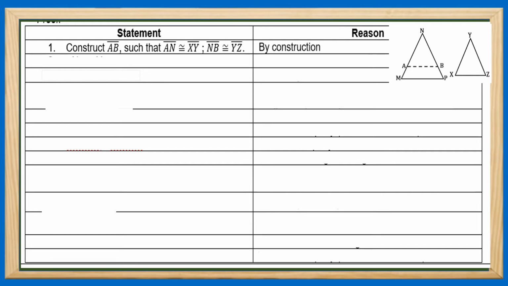That is by construction. So angle N is congruent to angle Y, that is indicated in our given. Then we can say that triangle ANB is congruent to triangle XYZ. These are by side-angle-side congruence.